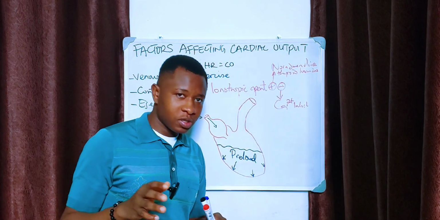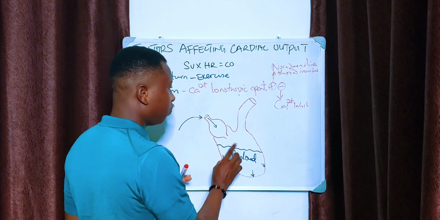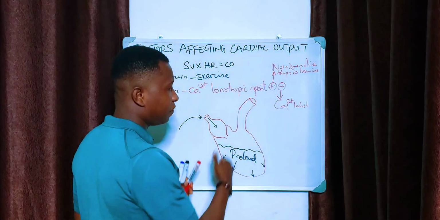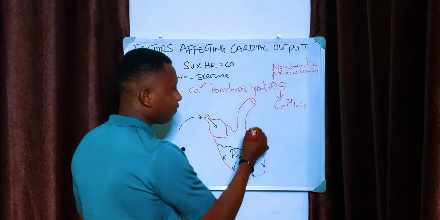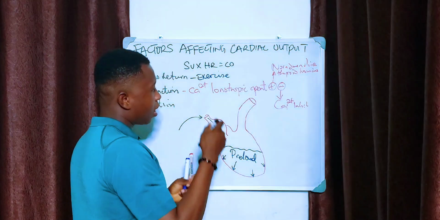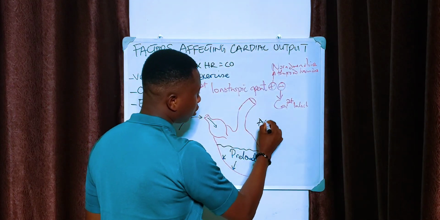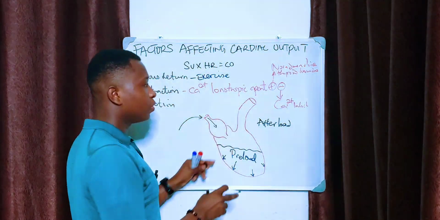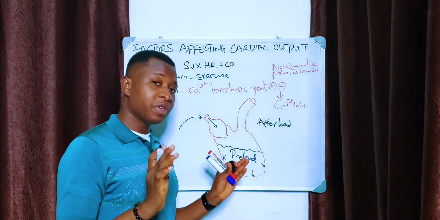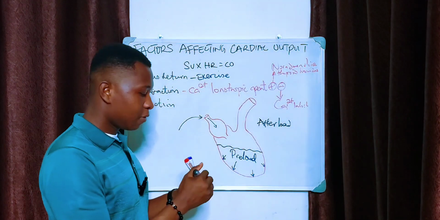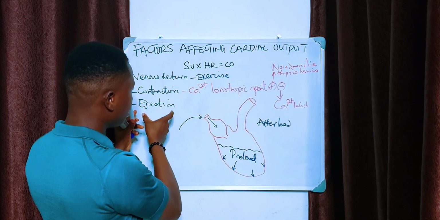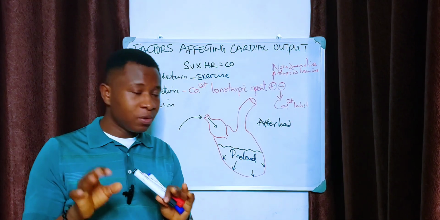Now, the force that the blood places on the walls of the blood vessel when leaving is known as afterload. So afterload is the force that the blood places on the blood vessels as it moves. Now, how can this factor, ejection, be tampered with?